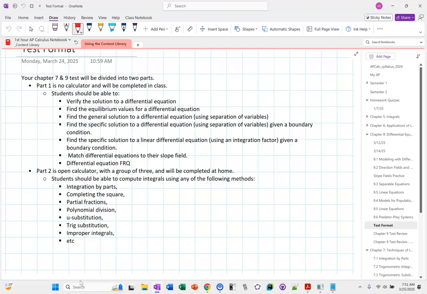So the methods that might come into play: integration by parts, completing the square, partial fractions, polynomial division, U substitution, trig substitution, improper integrals, etc. So I think there's 5 or 6 integrals, but that's part 2. I can't remember how many exactly. You'll use some or all of these methods at points to complete them.